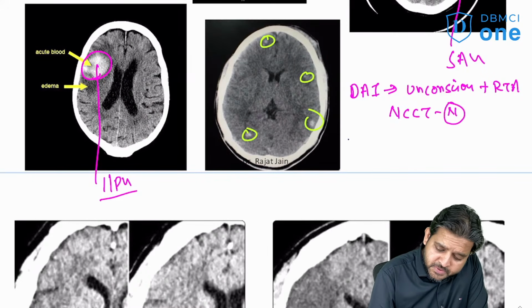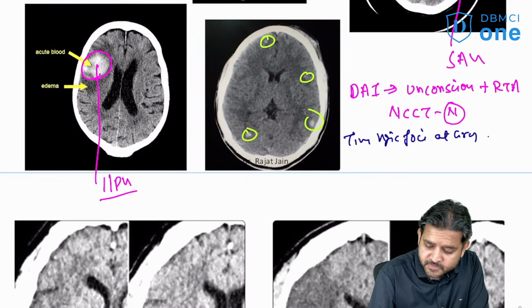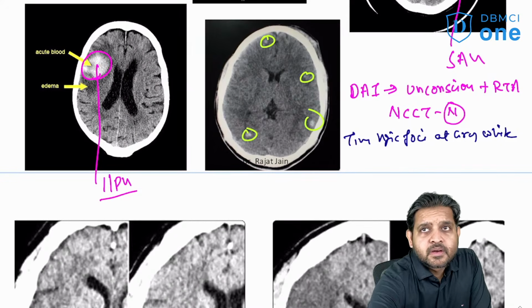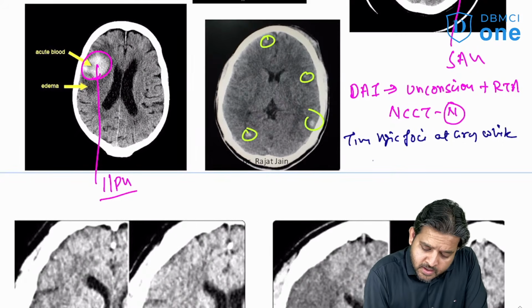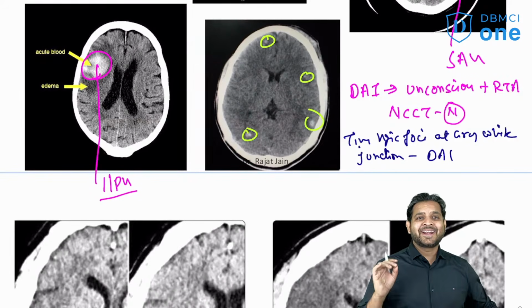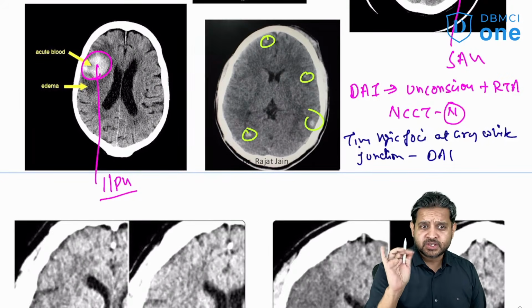It may show tiny hemorrhagic foci at the gray white matter junction, then also think of diffuse axonal injury, right? So EDH, SDH, SAH, intraparenchymal hemorrhage and diffuse axonal injury are the 5 trauma images that should be on your tips.